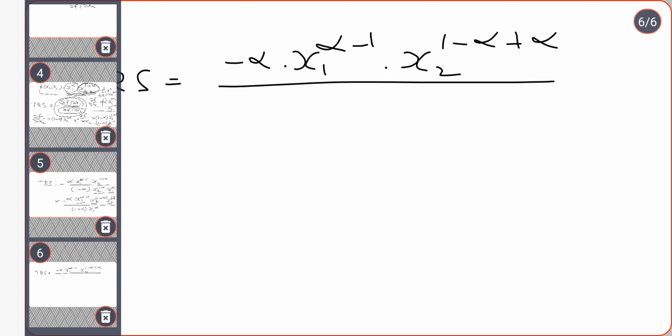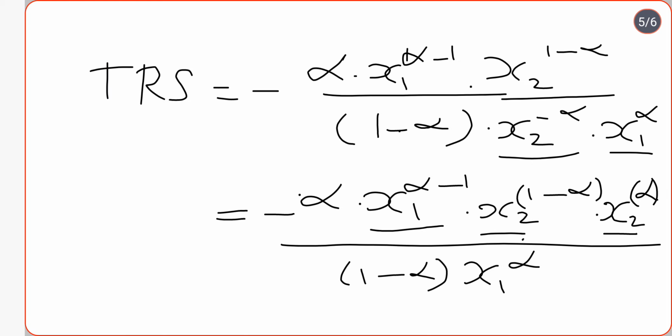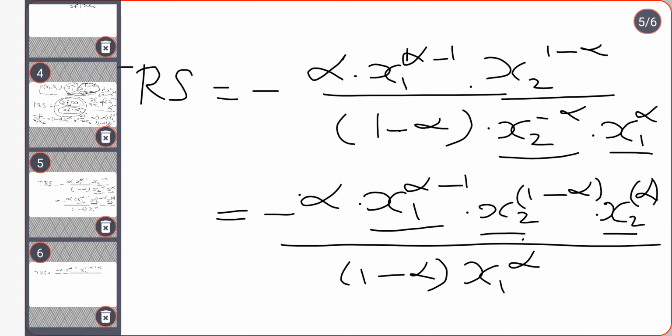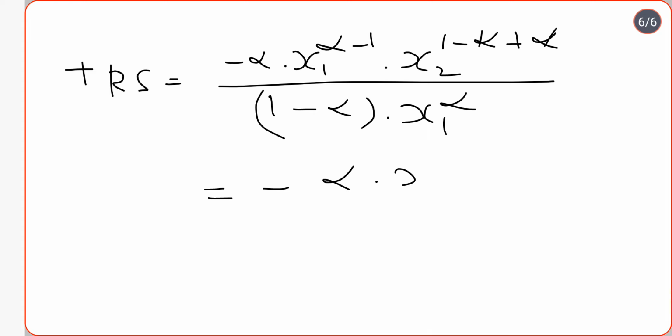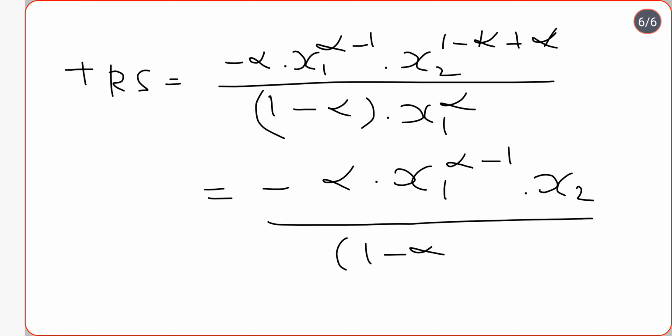And what will be in the case of the denominator? We will have 1 minus alpha into x1 to the power alpha. So now this x2 power has been cut. Now we have only minus alpha into x1 to the power alpha minus 1 into x2 divided by 1 minus alpha into x1 to the power alpha.